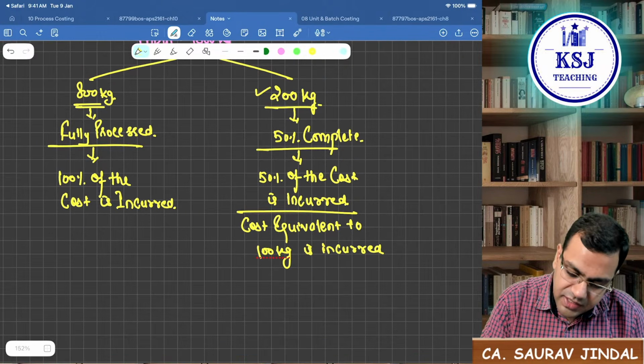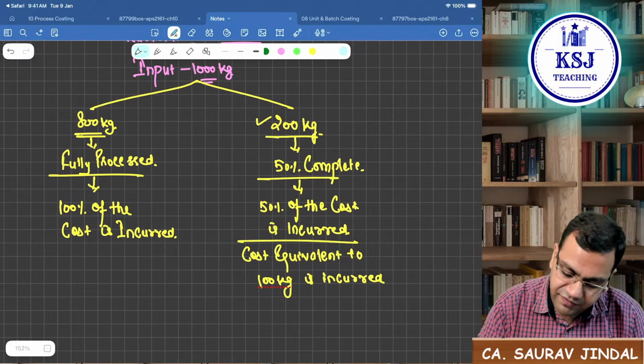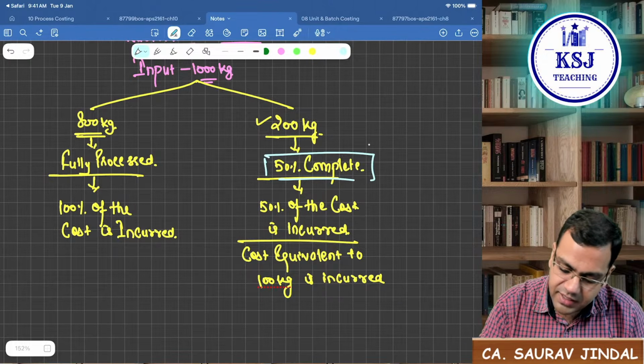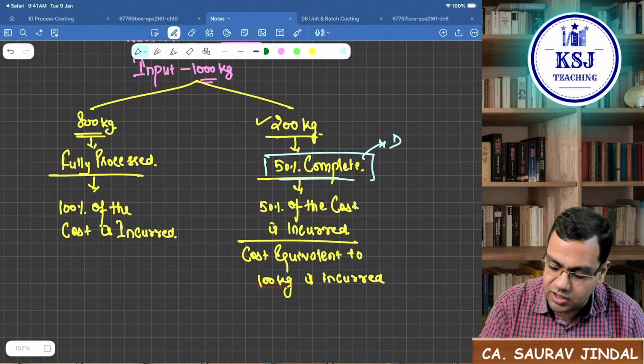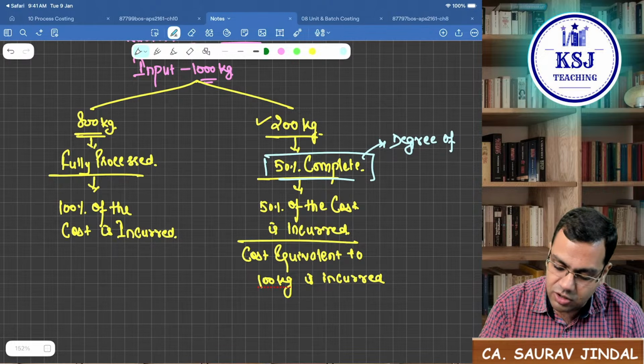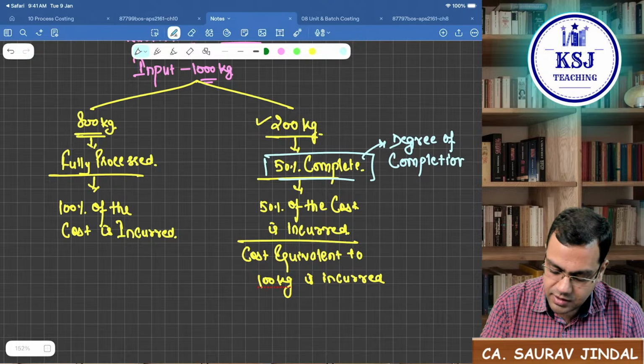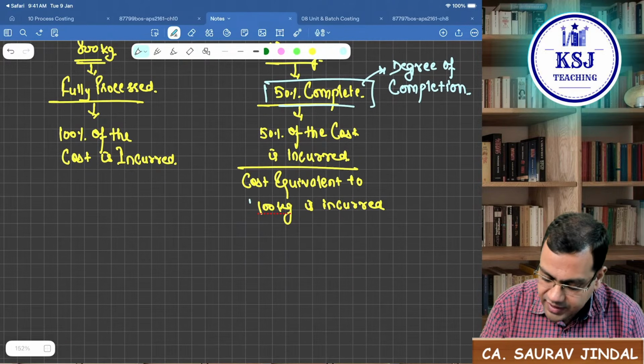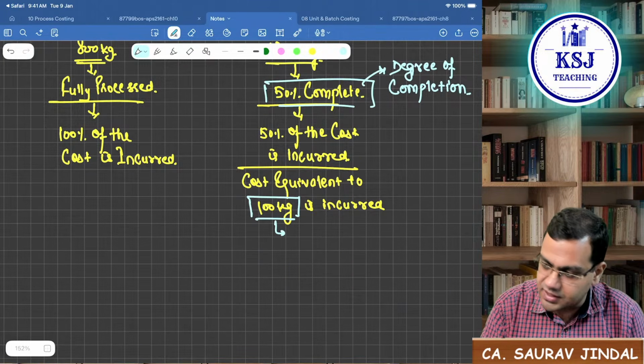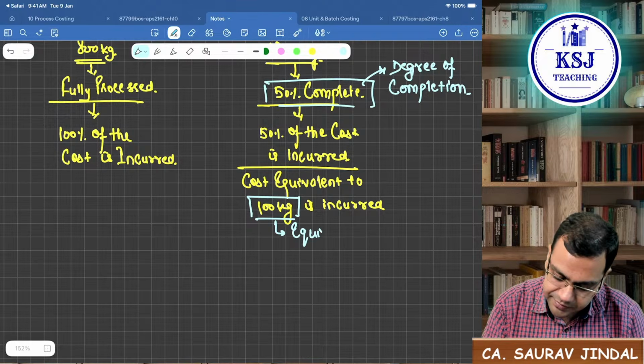Now this 50%, right, is what we call degree of completion. And this 100 kg is what we call equivalent production.